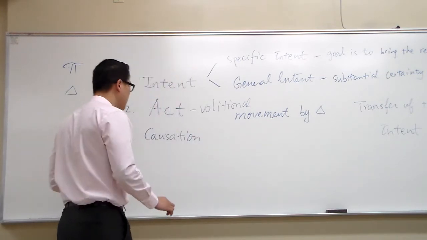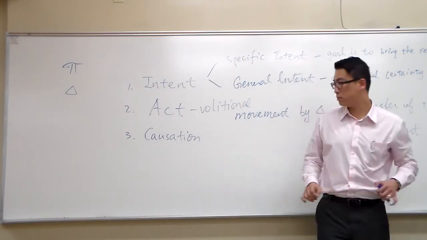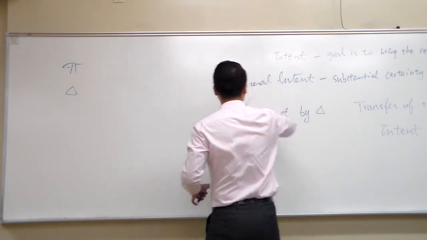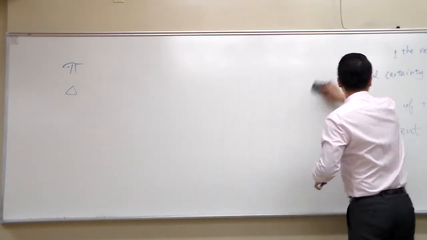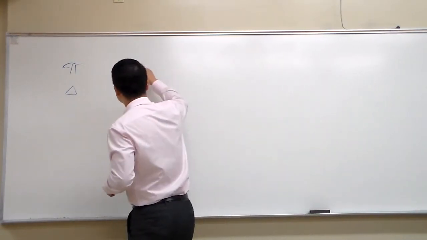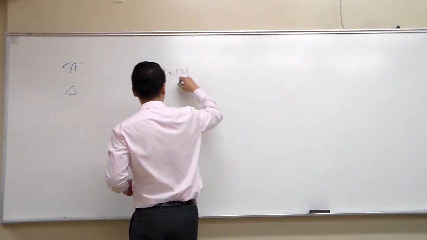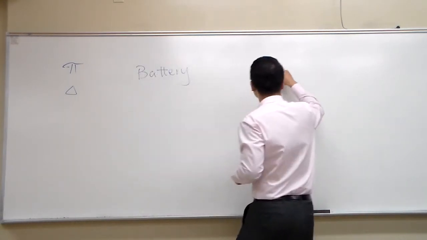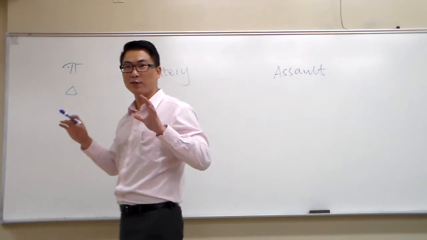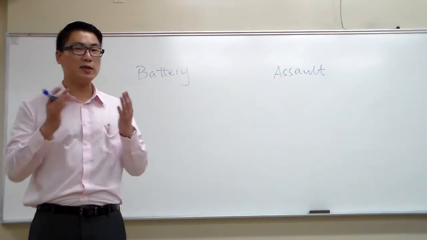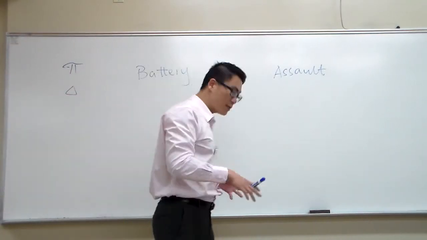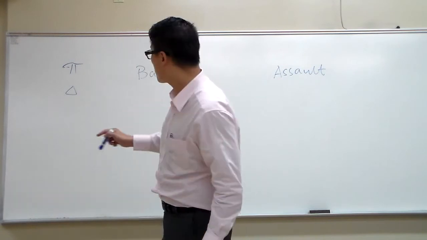Now, let's get into the first type of tort I want to show you. Have you ever heard about assault and battery? They usually come hand in hand, but they are two different torts. Assault is assault, battery is battery. So let's start with battery.